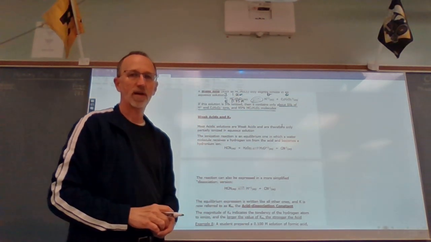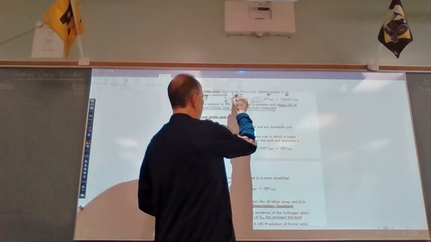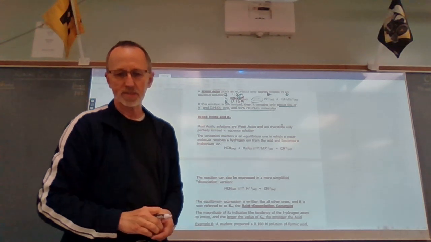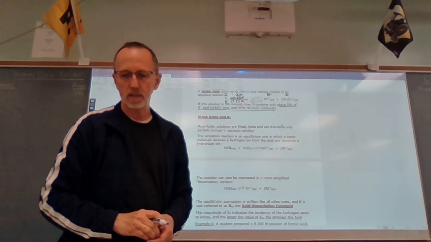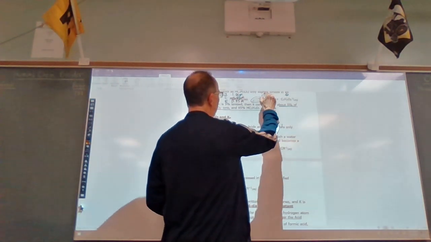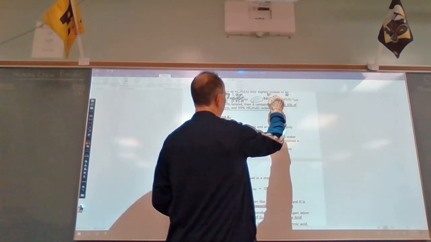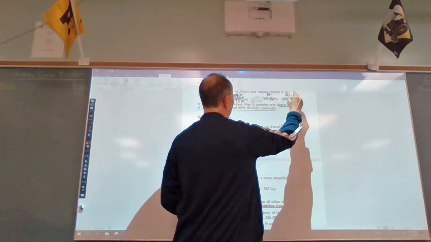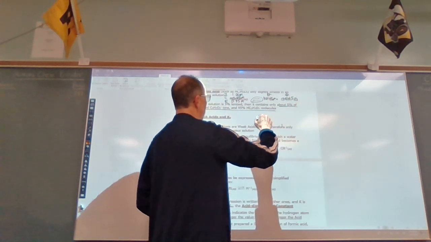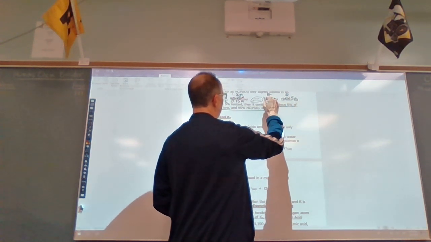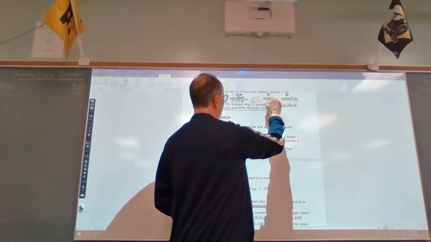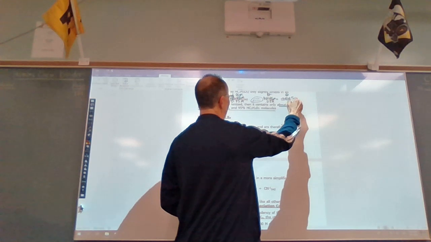Which means this would have decreased by 5%, or 0.05 molar, which means these would have increased by 0.05 molar. Again, 1-to-1 ratio there between all the substances. And so at equilibrium, these would be 0.05 molar and 0.05 molar.